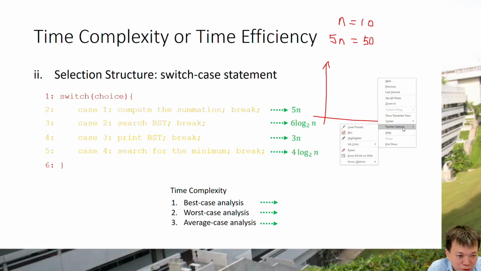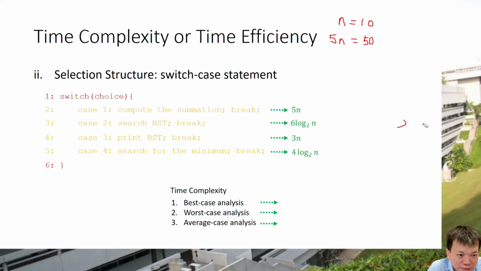Maybe I don't need to plot the graph. Interesting. So when my n equals 100, 5n is 500, not surprising. This is case 1.